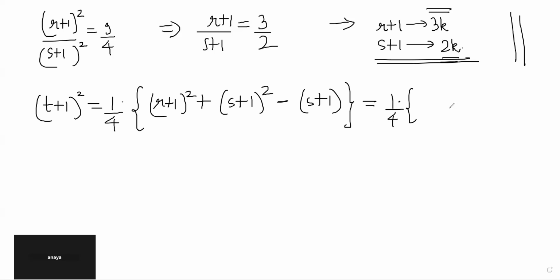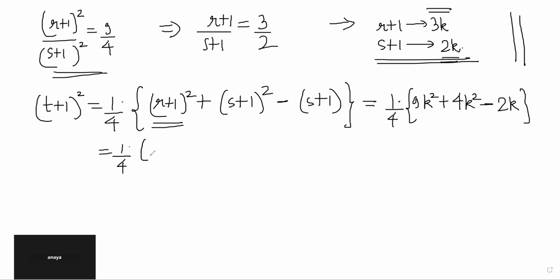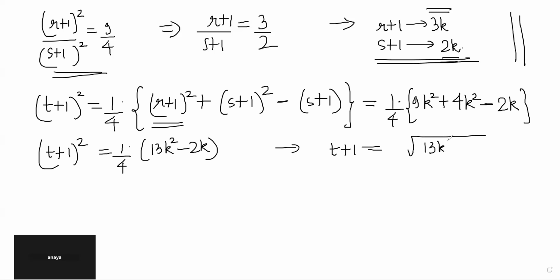That is what I should have done first. Here you will put 9k square plus 4k square minus 2k. So we are getting one fourth of 13k square minus 2k. So that is t plus 1 whole square. So we are getting t plus 1 is equal to root over 13k square minus 2k divided by 2.